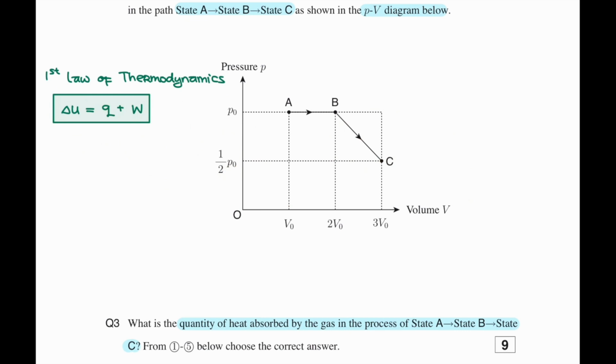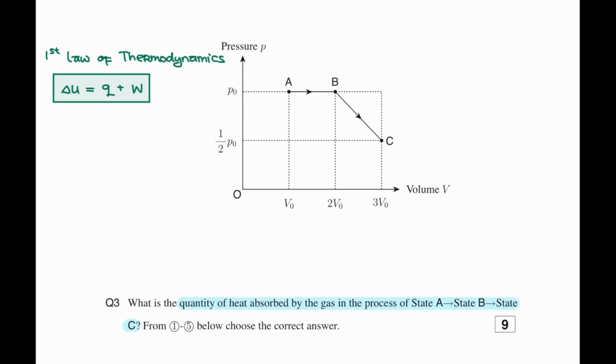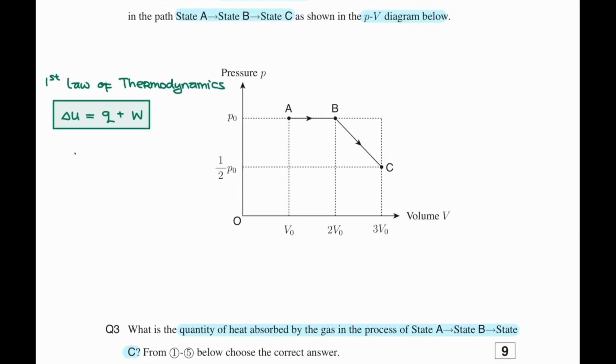Okay? And then one more thing that we should know when we want to solve the question is that you have to know the formula of internal energy of an ideal gas. Internal energy of an ideal gas is 3/2 nRT.